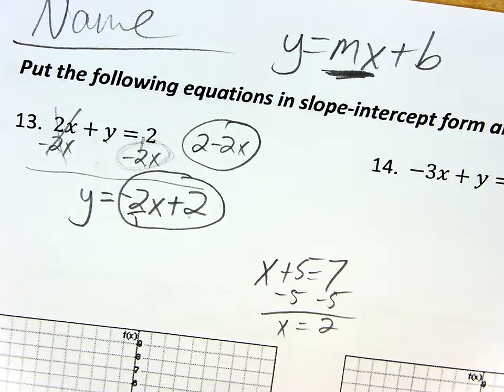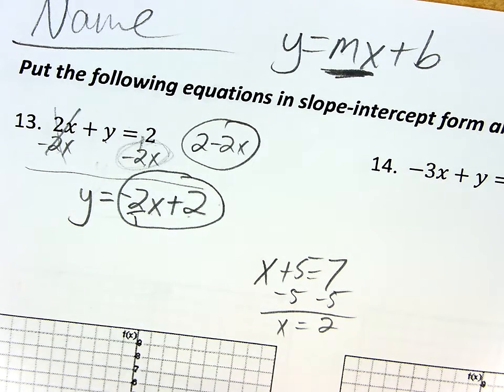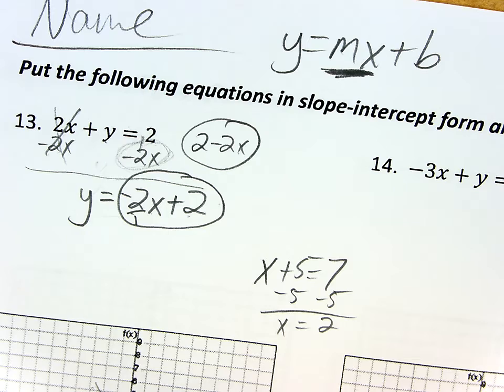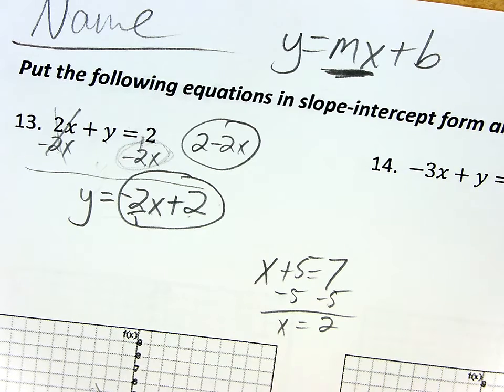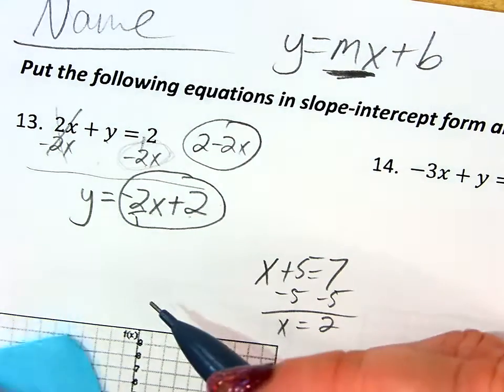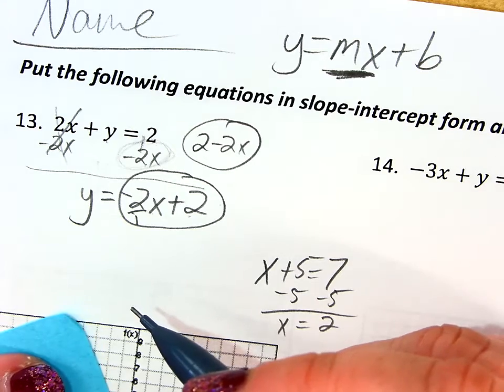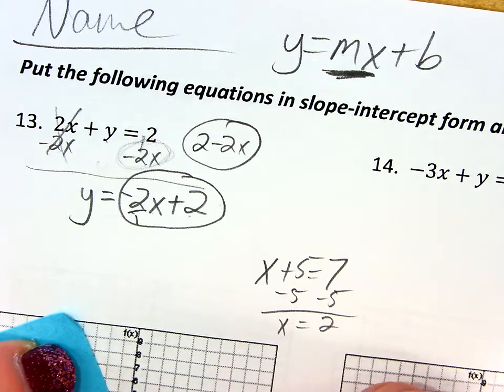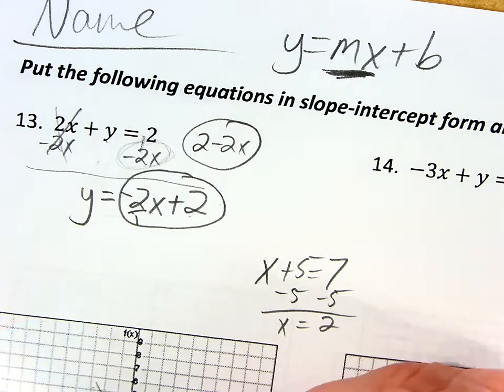So I'm going down 2 to the right 1, down 2 to the right 1. You do that a couple of times, and there's my line. I should use a straight edge so it looks better. There it is.